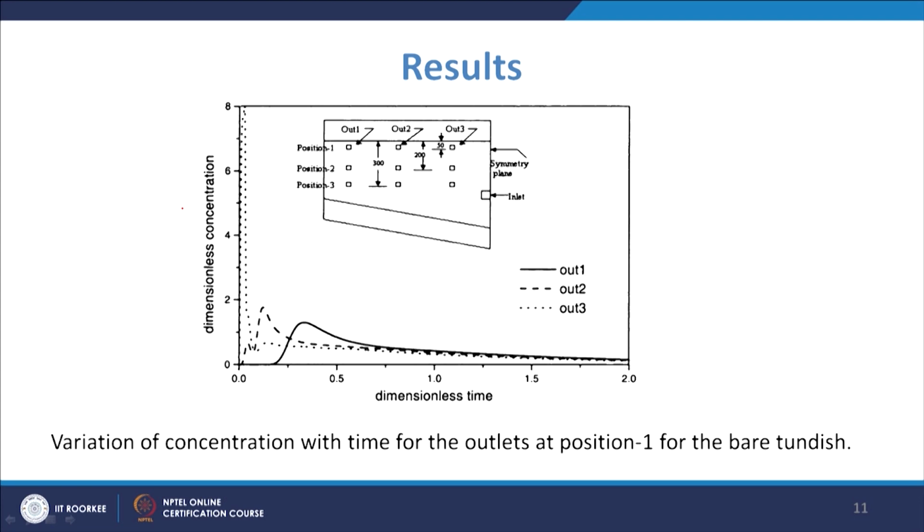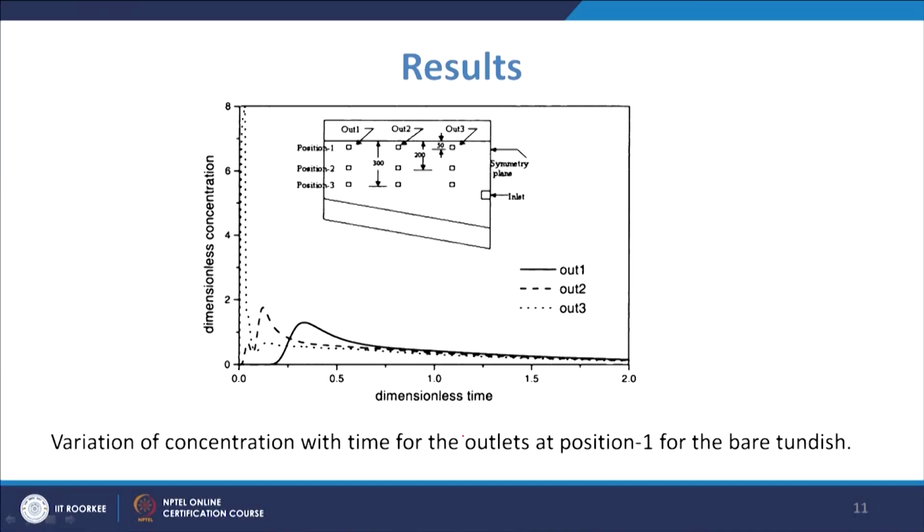Now, once you draw, you do the transient analysis. You have the tracer concentration going through the inlet for some time, and then you stop it after some time. In that case, you get the concentration variation with time at position 1.